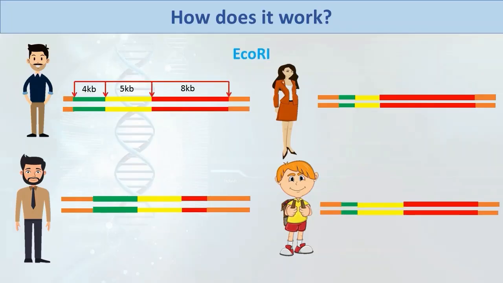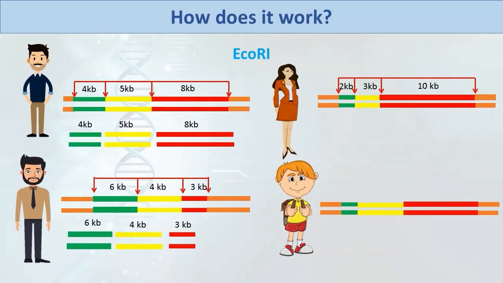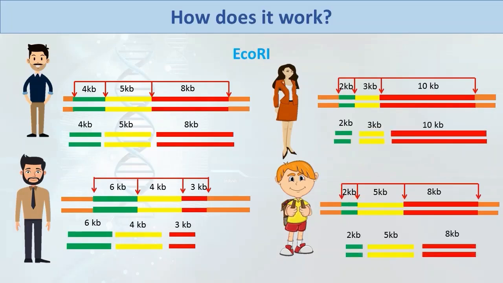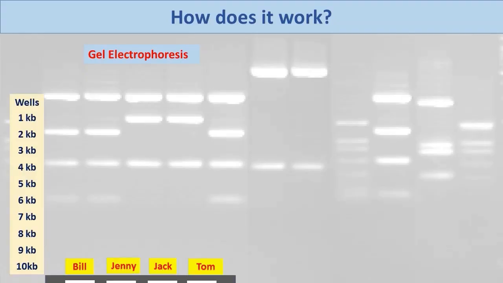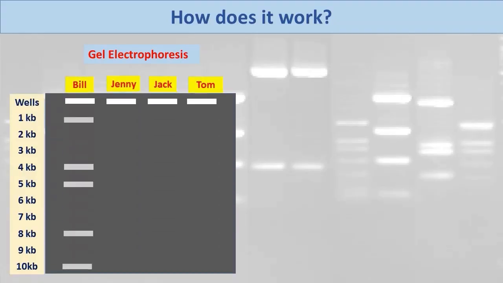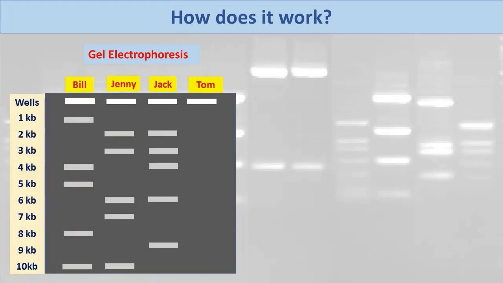So this restriction enzyme cleaves at specific sites in each individual and produces different size fragments. Then these fragments were used for gel electrophoresis. So there, different banding patterns were created.